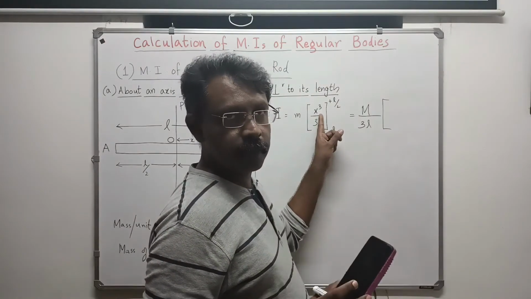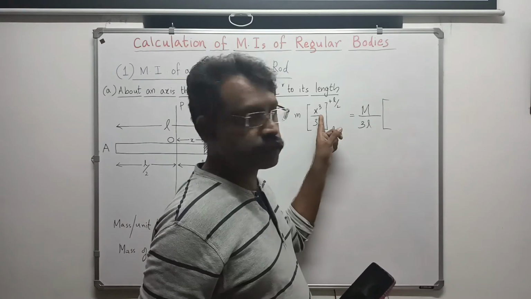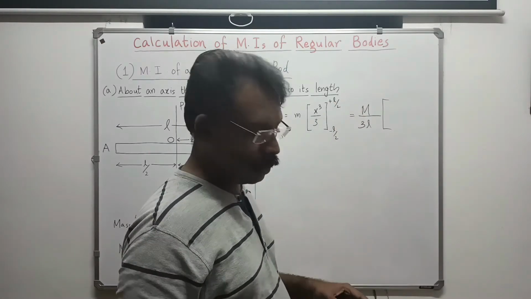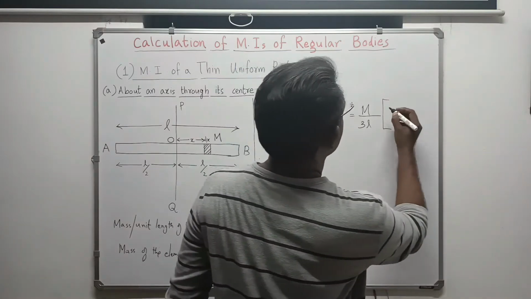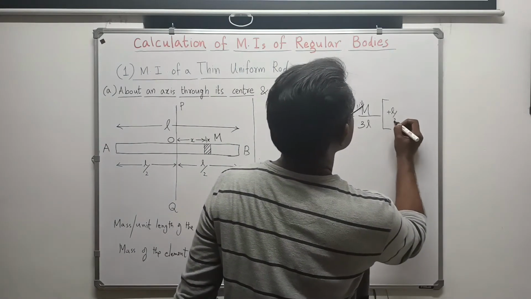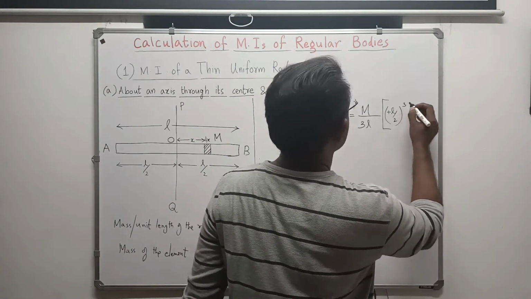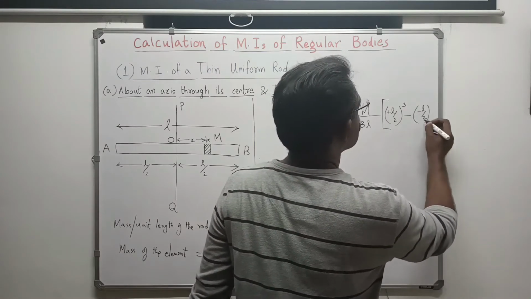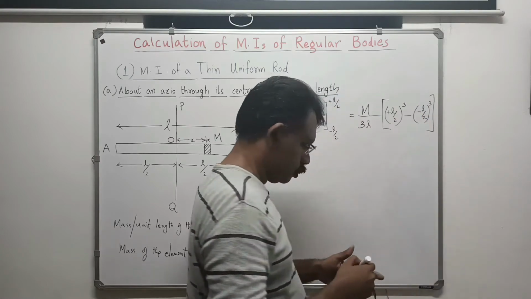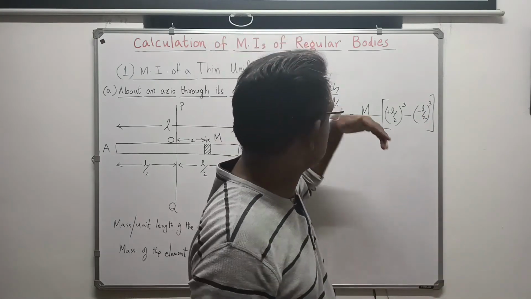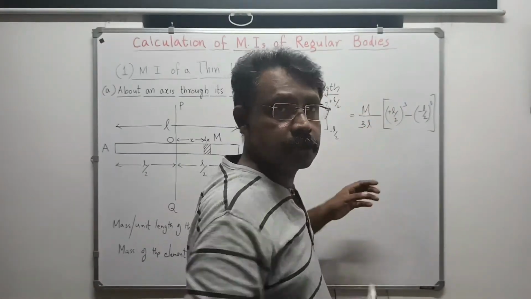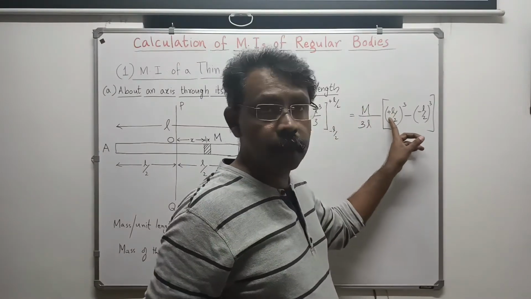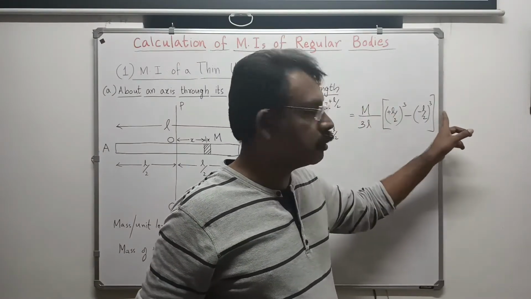So instead of that x, I will first substitute L by 2, then minus L by 2. So what will you get? That is L by 2 cubed minus minus L by 2 cubed. This is how you apply a limit: first apply the upper limit, then the lower limit, upper limit minus lower limit.